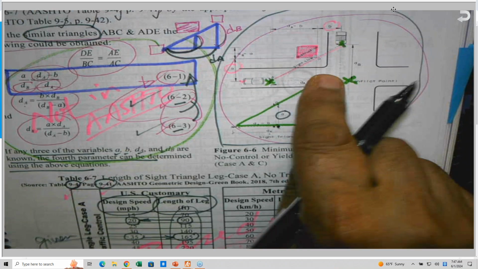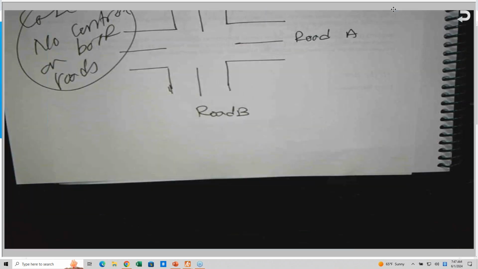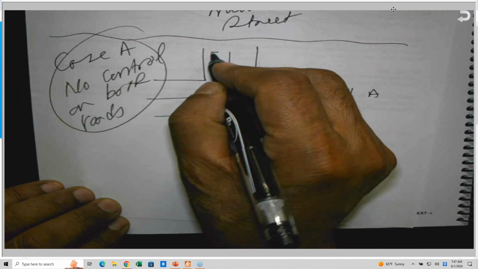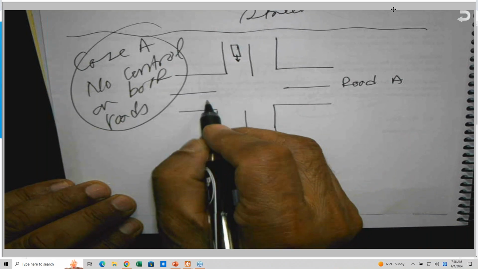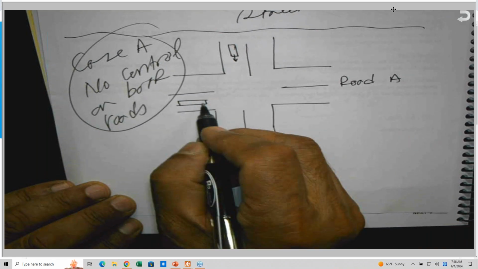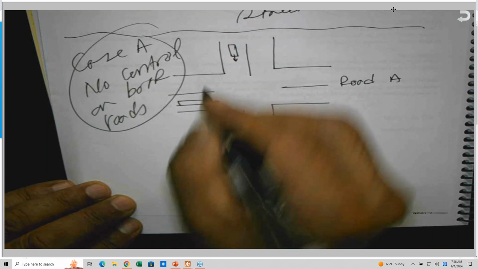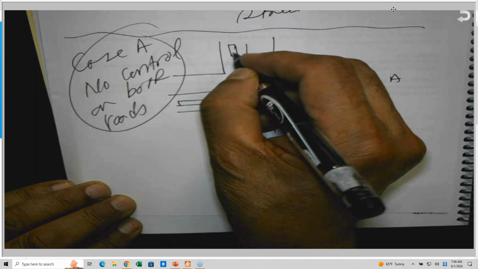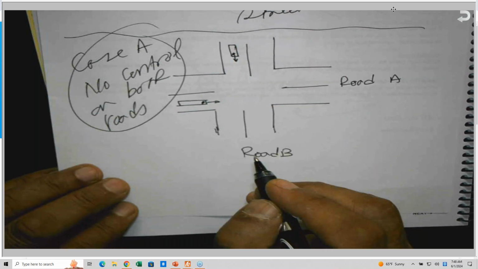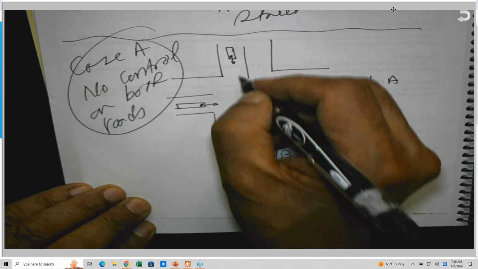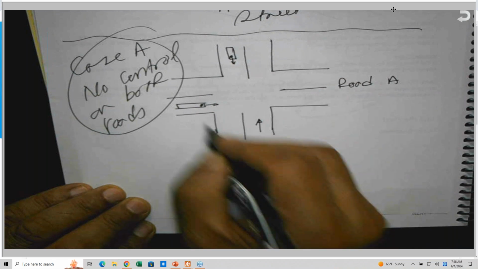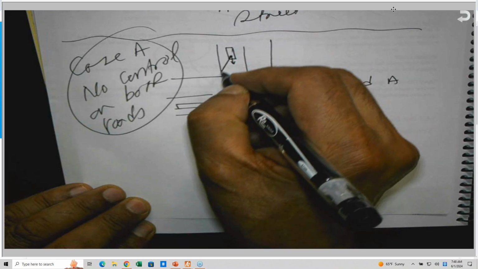The challenge is that this table, which is in front of you here, the same table I was referring to, is based on this. What they are saying is there is a vehicle coming in this direction and a vehicle coming this way. This is the driver here, and this is the driver along road B. So this is the line of sight.